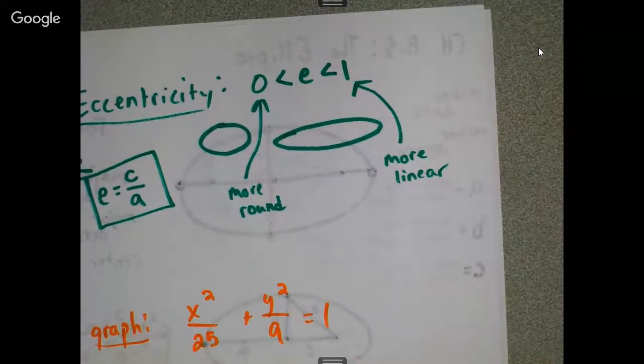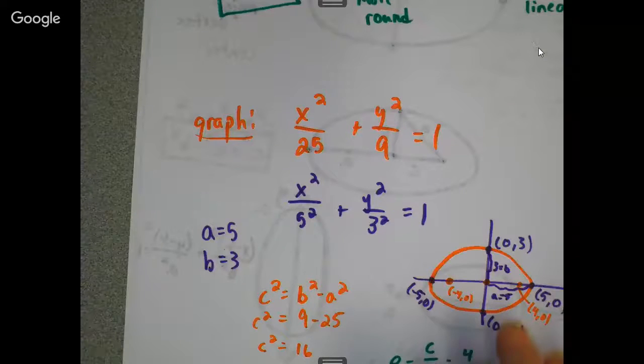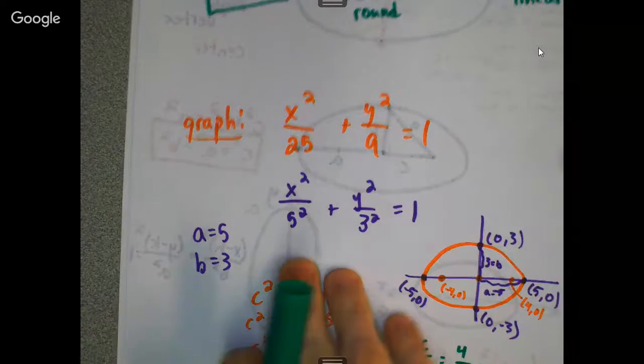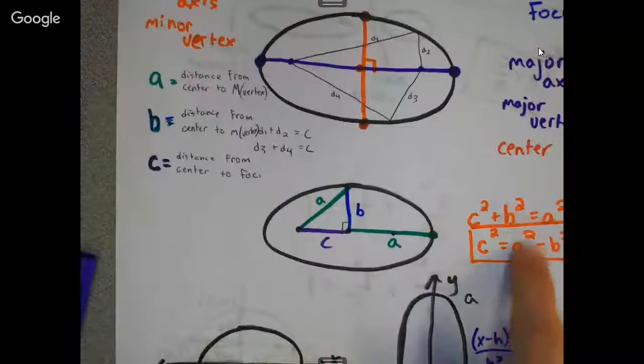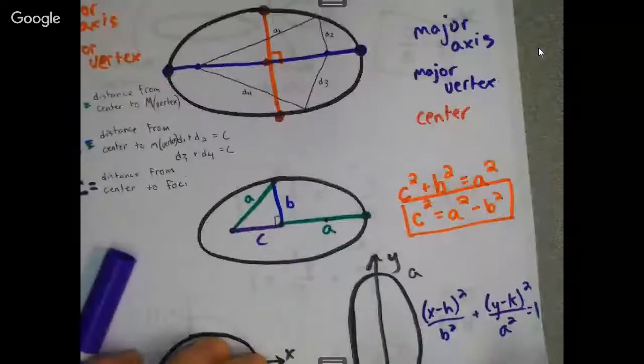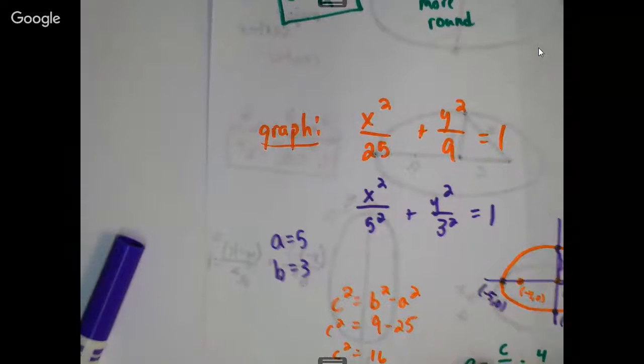Okay, it's much more linear. Okay, so let's rewrite this C. Yeah, A squared minus B squared. Yeah, that's what it needs to be. A squared minus B squared. I did B squared minus A squared, so I should have flipped those around.